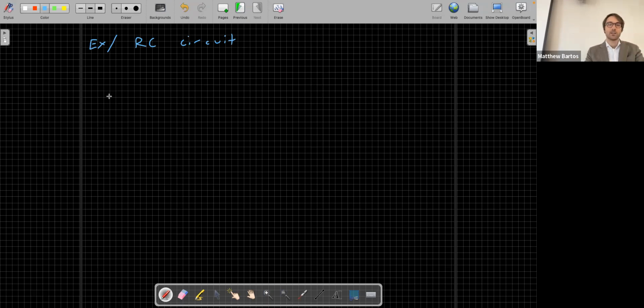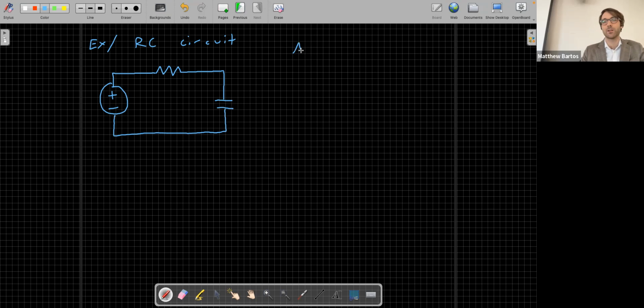So as before, we have an RC circuit with some voltage source. We're treating the bulk resistance of the power grid as this resistor, and we have a storage element corresponding to a capacitor. For this case, we're going to assume all initial conditions are 0, just for the sake of demonstration.